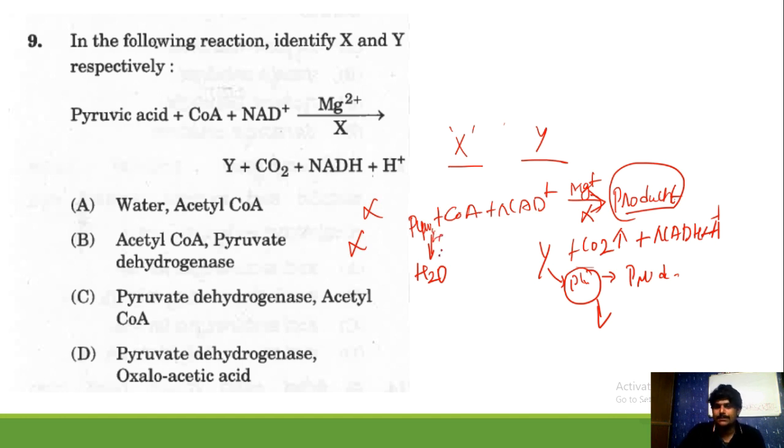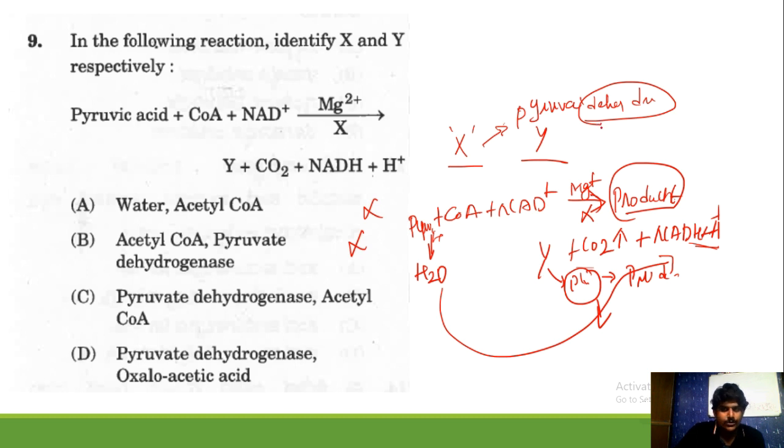The H present in the pyruvic acid will be transferred to this particular NAD plus. So X should be pyruvate dehydrogenase, which dehydrogenates, splits the hydrogen atom, and this hydrogen atom will be given to NAD. Okay, then one mystery solved.